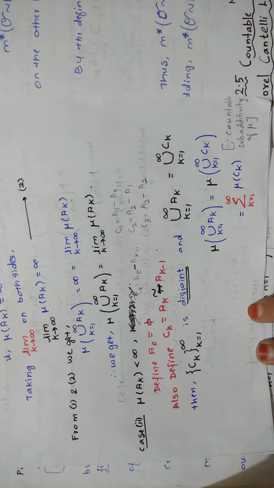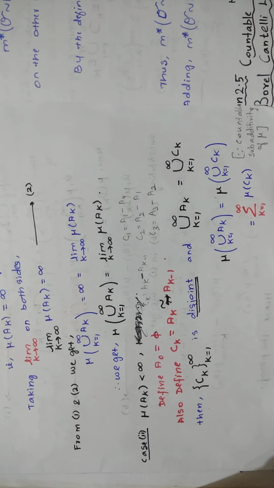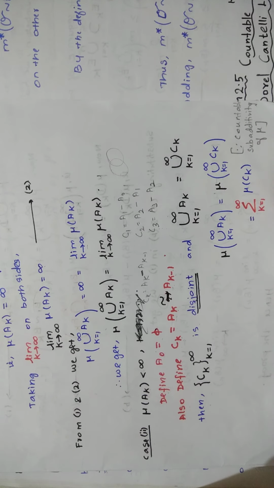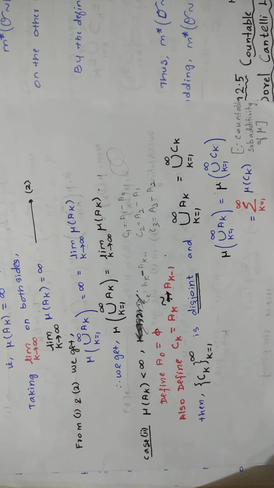Is that clear? If there are no common elements, then they will be disjoint, right? Only if there is a common element will the sets be connected. If there are no common elements, then the sets will be disjoint. That is what is happening here also.